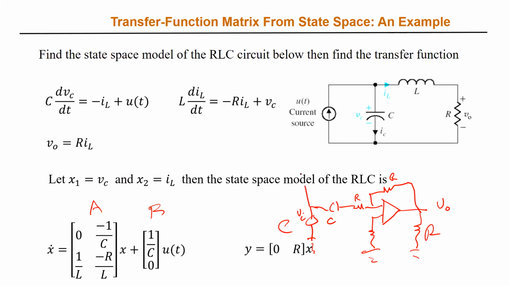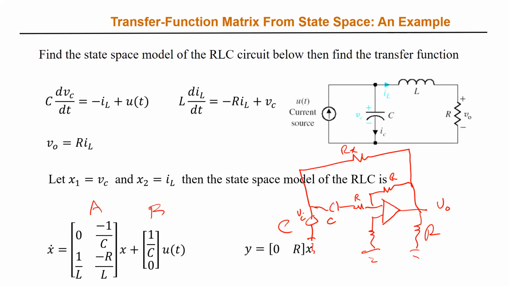And I have a connection here, let's say R2 or Rx, so there is a direct link from the input to the output. If you have such a case, you will have the D matrix. So a D matrix means that there is a direct link from the input to the output.